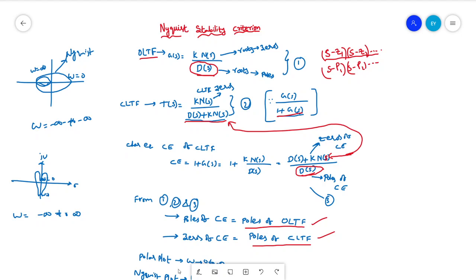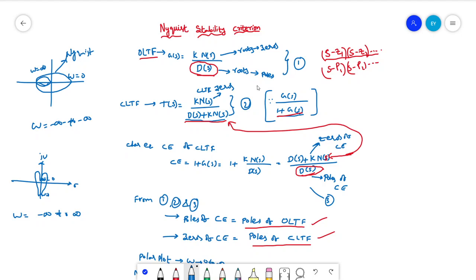Just make an observation here. If you observe here, the numerator of characteristic equation is d of s plus k into n of s. That is nothing but the denominator of closed loop transfer function, right? Similarly, if you observe the denominator of characteristic equation, that is d of s, is nothing but denominator of open loop transfer function d of s. It's one and the same.